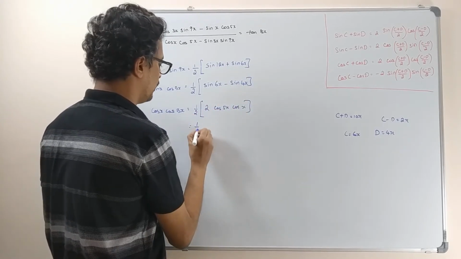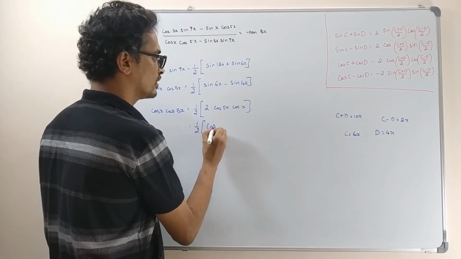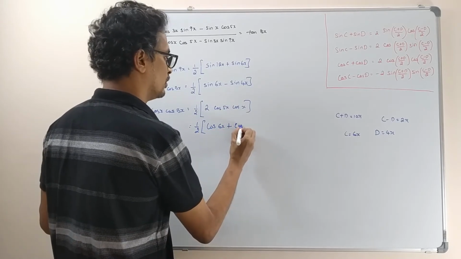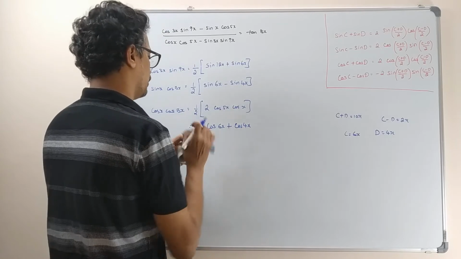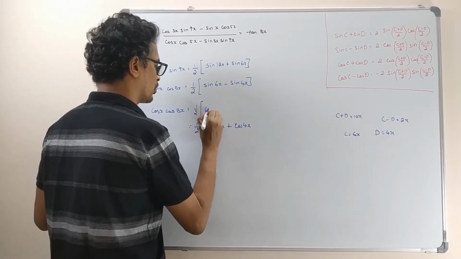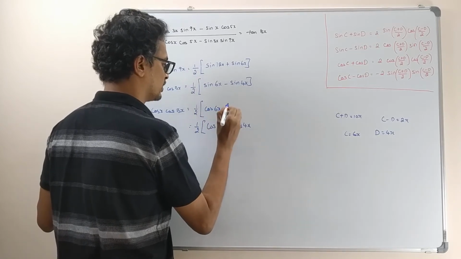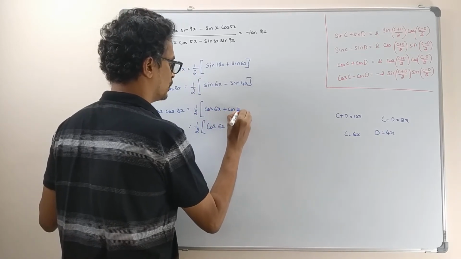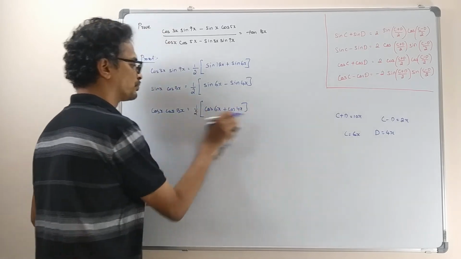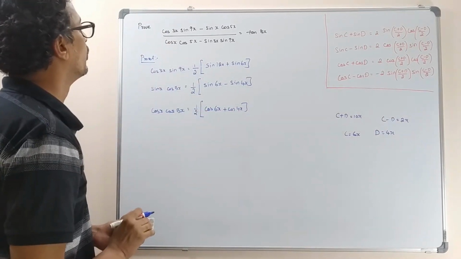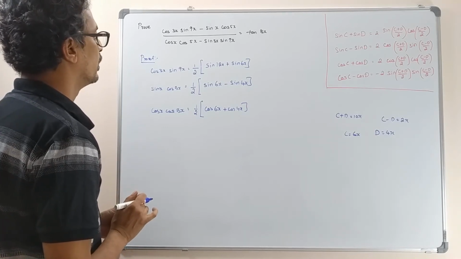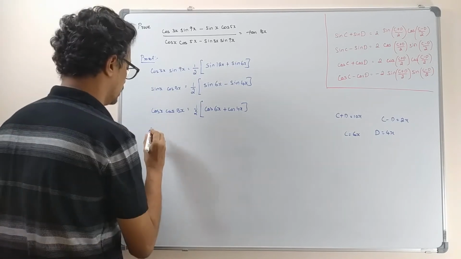So this will be half of cos 6x plus cos 4x. Am I right? So you write it down here. Half of cos 6x plus cos 4x.